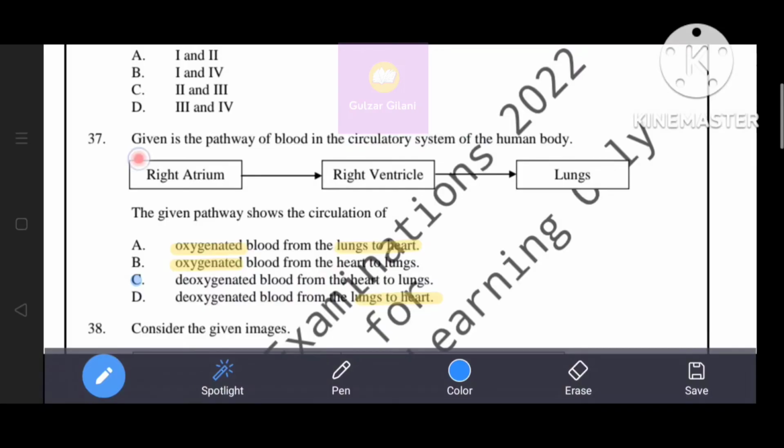Next question. Given is the pathway of blood in the circulatory system of the human body. Right atrium to right ventricle, lungs.